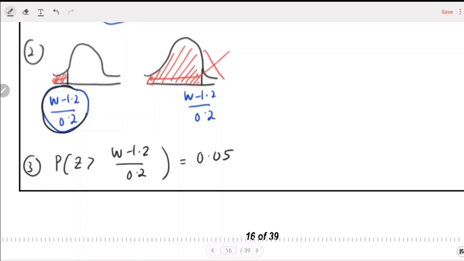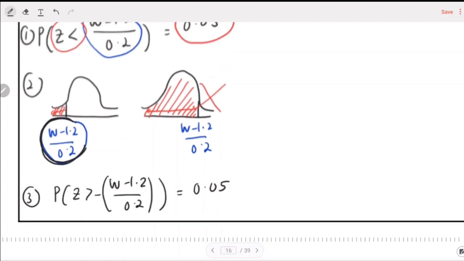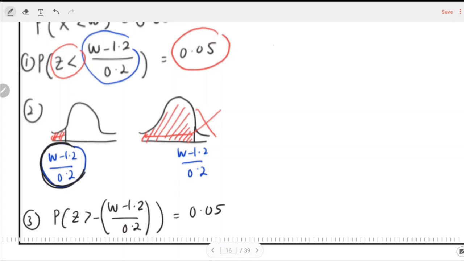But then, since our Z lies on the negative side, we need to multiply it by a negative. And for the last step, take a look at the standard normal table to find the value of Z when the probability is 0.05.